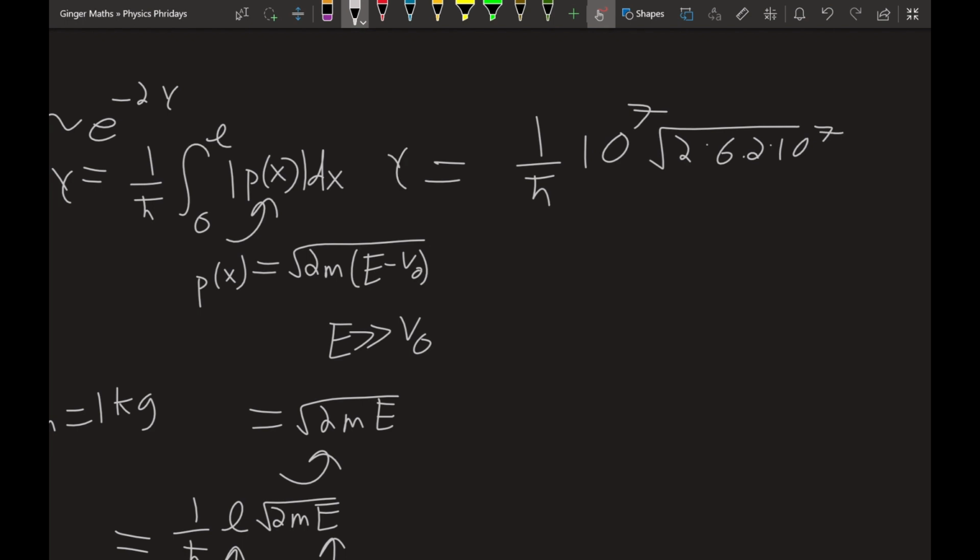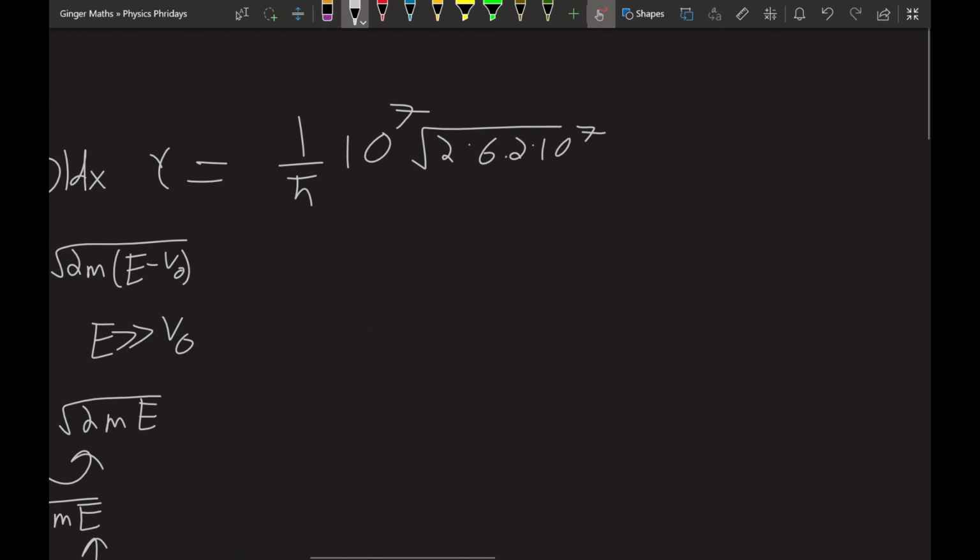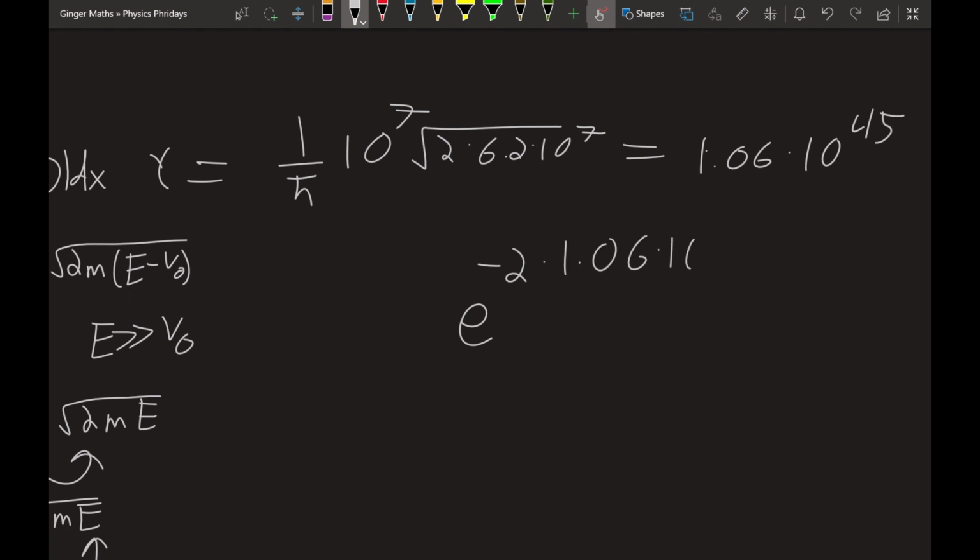Sorry, gamma. And this gamma is equal to about 1.06 times 10 to the 45, which is a pretty big number, as you would expect. So we can represent this as e to the negative 2 times 1.06 times 10 to the 45.